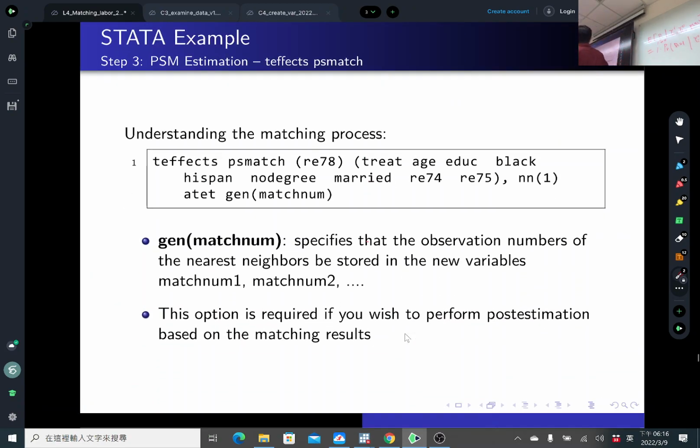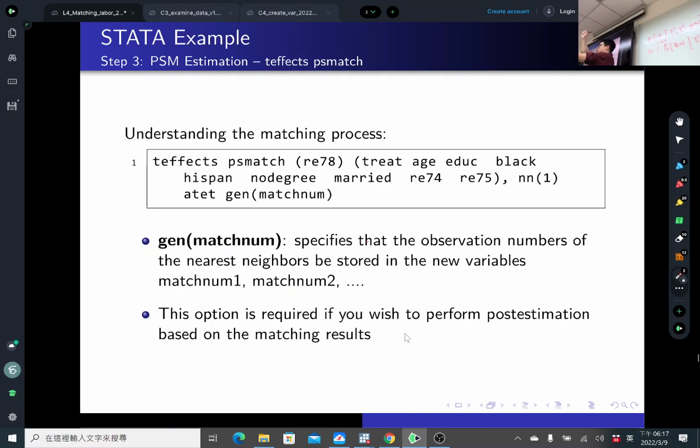When you run this command, they give you one option, generate. It can generate the match number, that is, specify the observation numbers of the nearest neighbors that are stored. It will generate a new variable. Basically, it will tell you, for example, which unit matches unit 1.